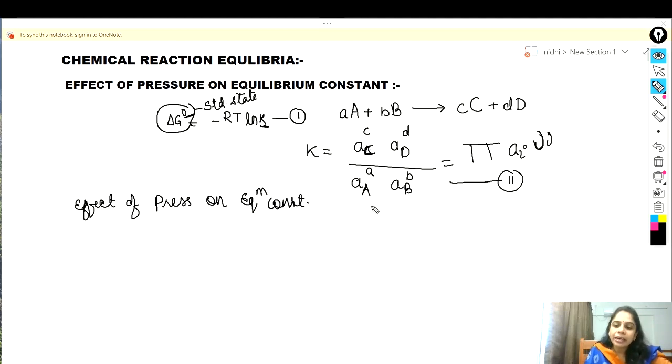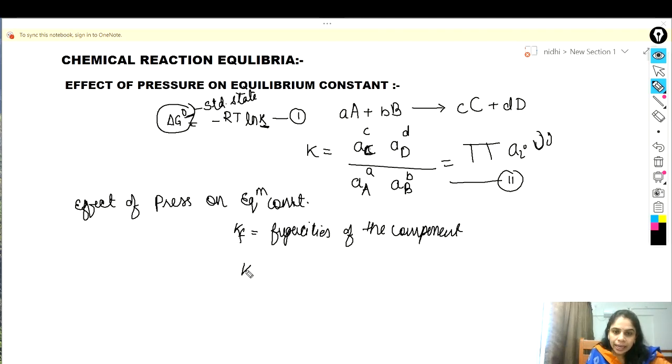So we can write the equilibrium constant K as Kf, which is the equilibrium constant in terms of fugacities of the components, and we have already discussed this, employing the ideal gas standard state.